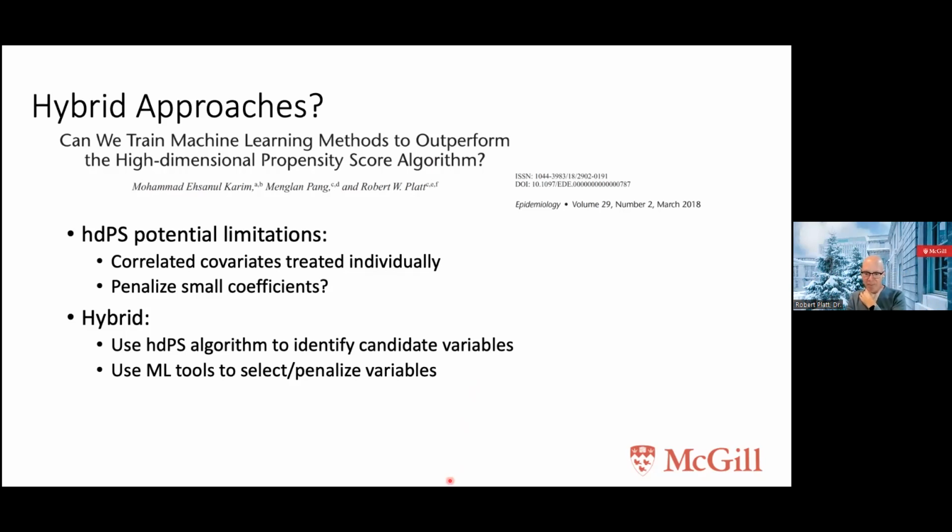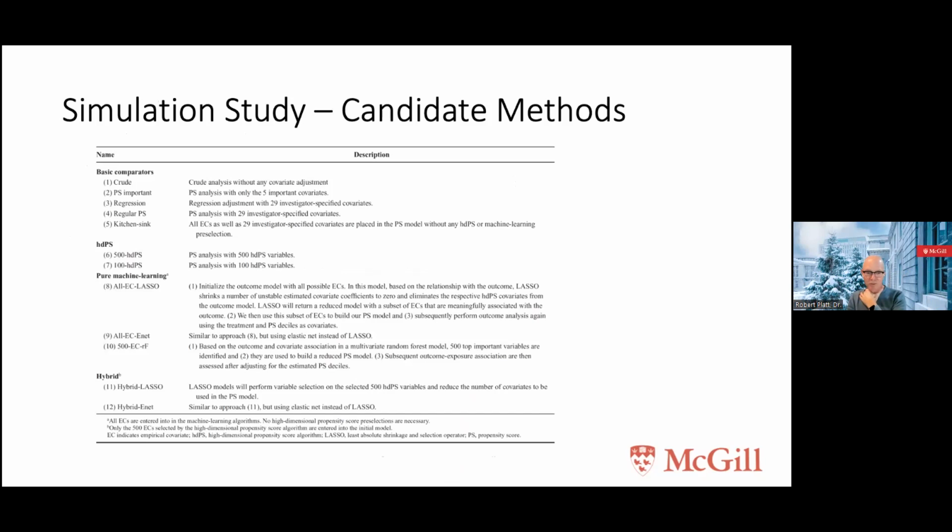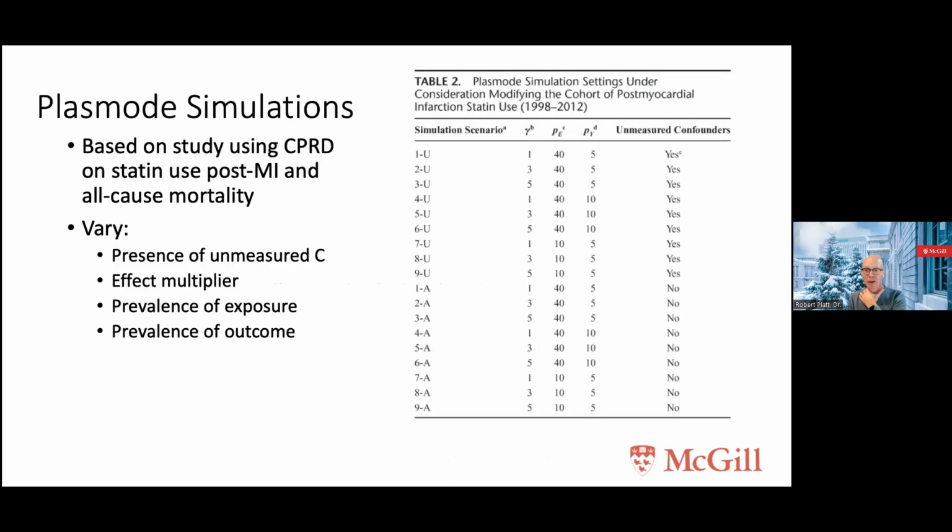And I'll skip over the work here, other than to say, if you're not familiar with plasmode simulations, this is an extremely useful tool that we could easily spend an hour just talking about.